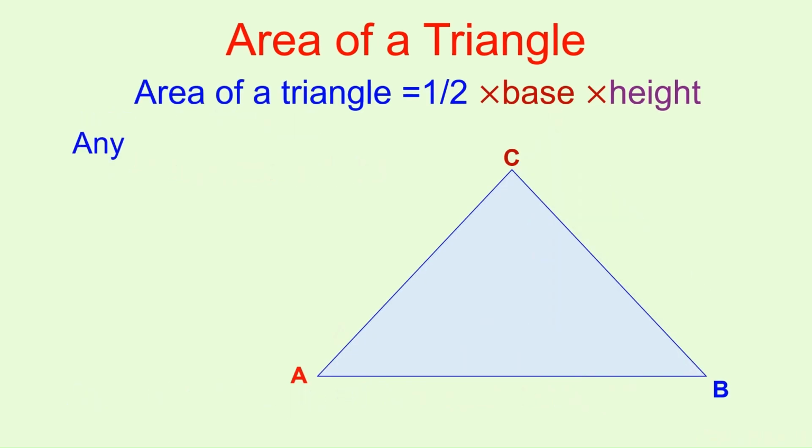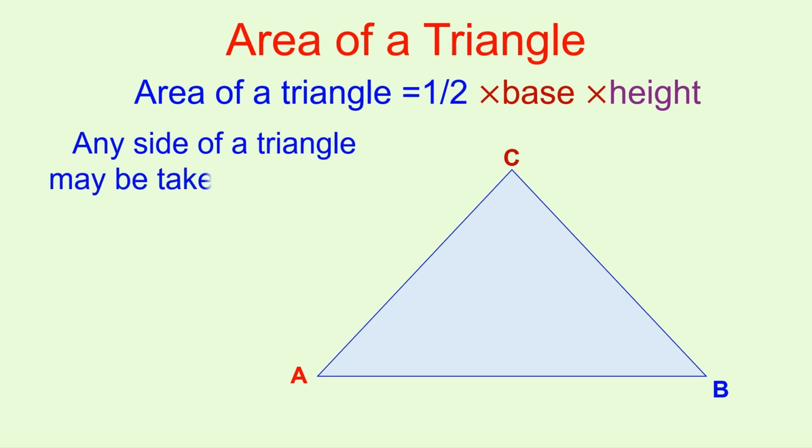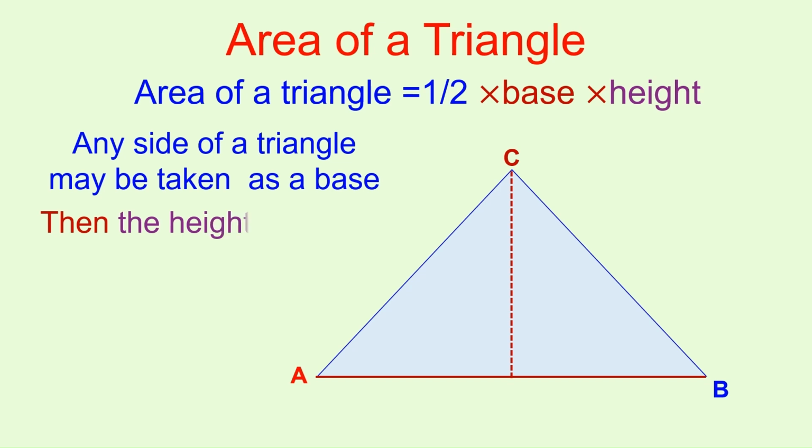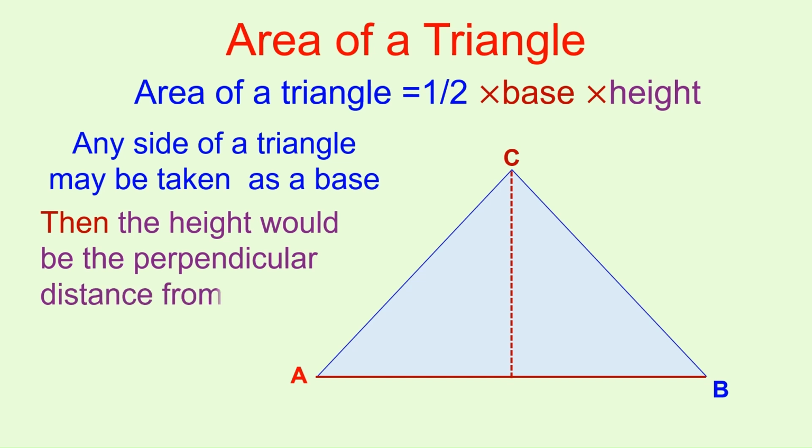Remember, the area of a triangle equals 1/2 times base times height. Note: any of the three sides of a triangle may be taken as a base. Then the height would be the perpendicular distance from the base to the opposite vertex.